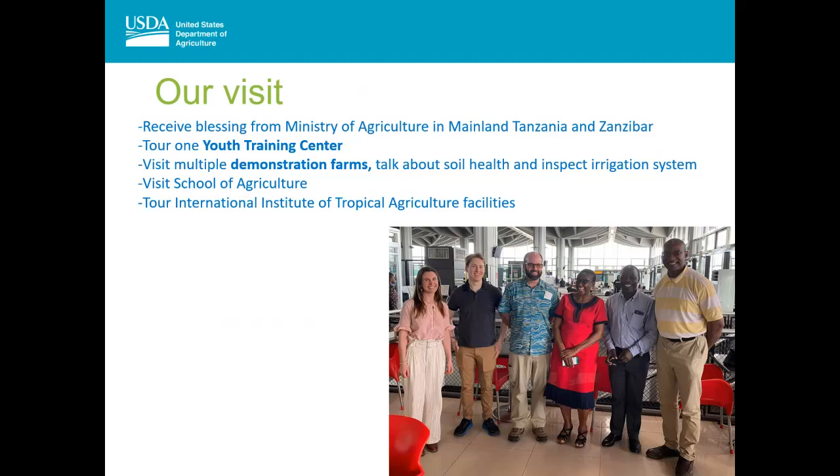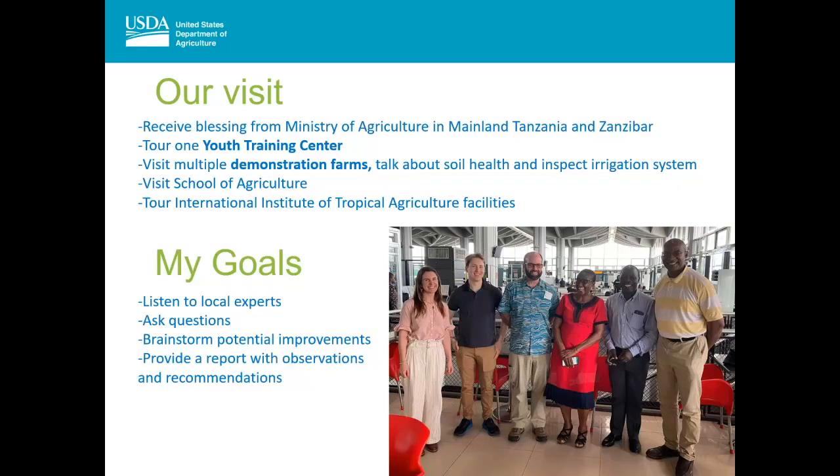And so basically there's these information hubs, and it's a pretty neat method of information sharing. So that's where we would talk about soil health and where Drew would inspect the irrigation systems. And we also visited a school of agriculture and toured the International Institute of Tropical Ag facilities.